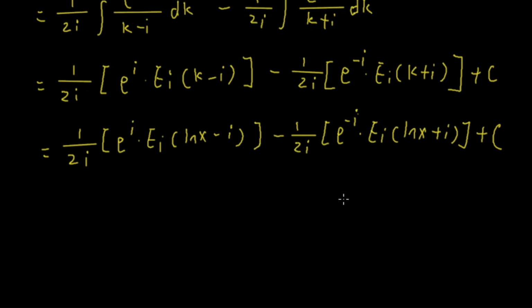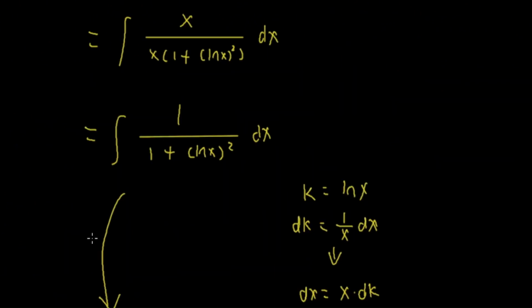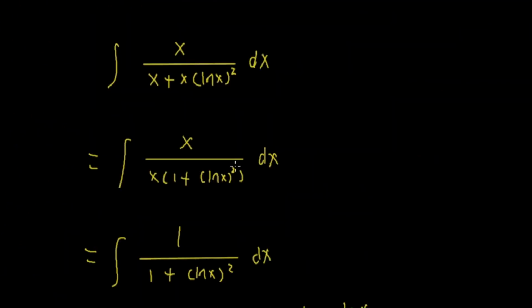Okay, now we are done. So this is the integral of x over x plus x times ln of x squared.